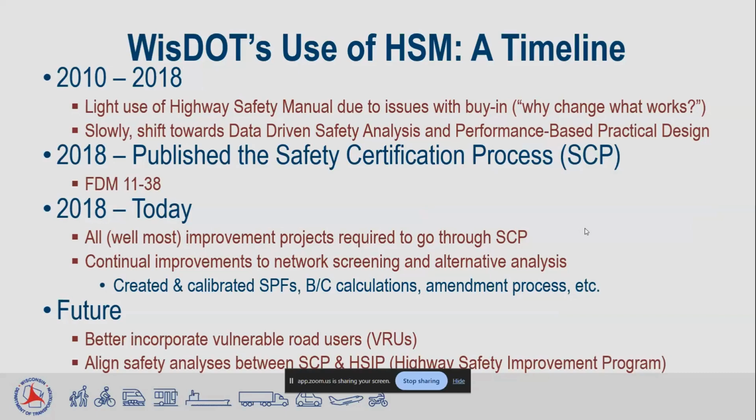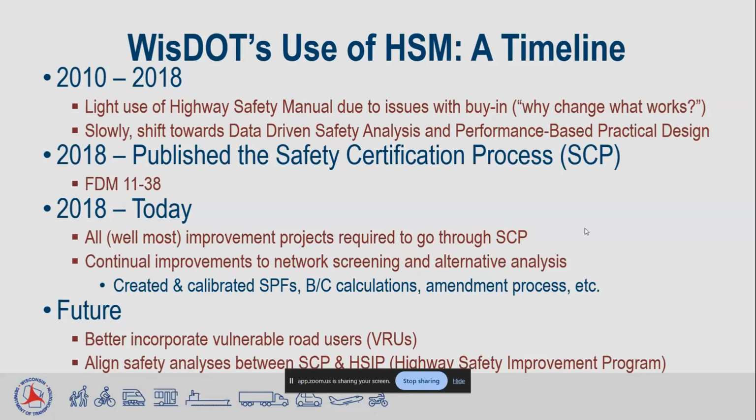And then in 2018, the big turning point for us was getting our safety certification process, which I will probably refer to here on out as the SCP, getting that published, which really gave us the ability to say, all right, all of our improvement projects, we're going to have you do a more in-depth safety analysis. And that's kind of our policy that we've been updating and continuously making improvements along the way after we published it in 2018.